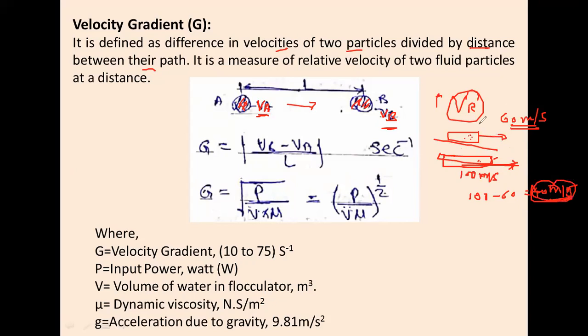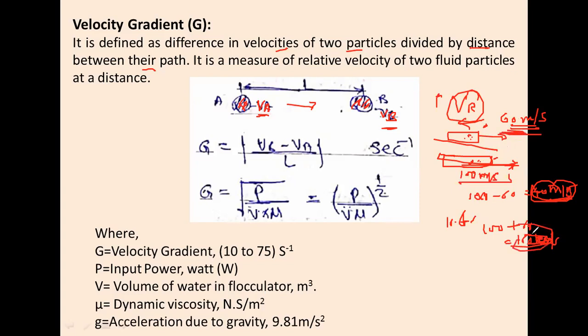Similarly, if the same train is moving in the opposite direction, then the people in this train may feel that the opposite train is moving with velocity 100 plus 60 equal to 160 meters per second. But actually the speeds of the trains are different: 100 meters per second and 60 meters per second.